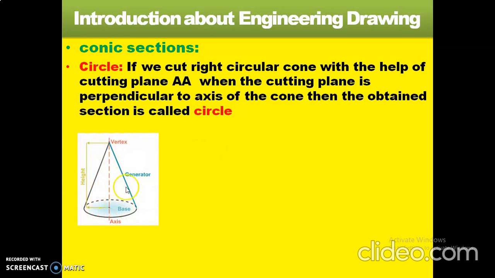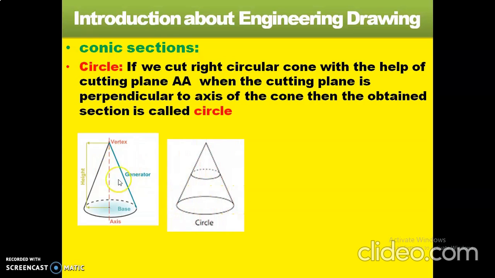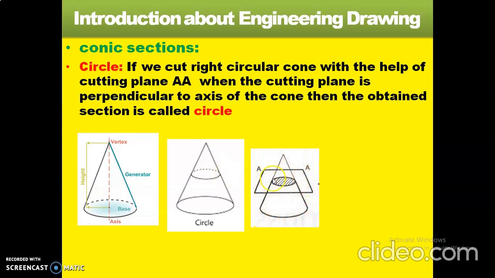See, this is the right circular cone. This is the vertex point. This one is the axis. This is one generator, and this is another generator. This is the height of the right circular cone, and this one is the base. If we cut this right circular cone with the help of cutting plane AA, when the cutting plane is perpendicular to the axis of the right circular cone.